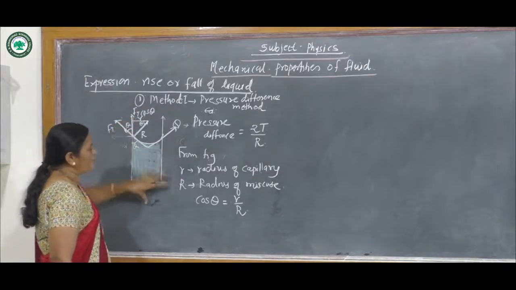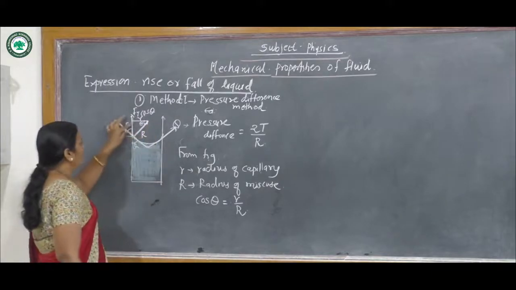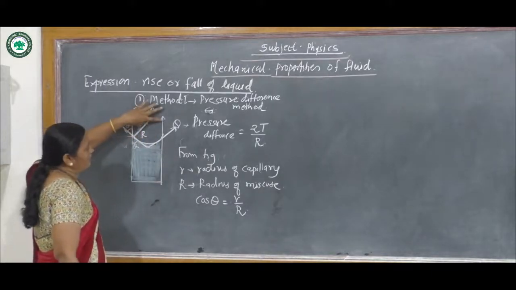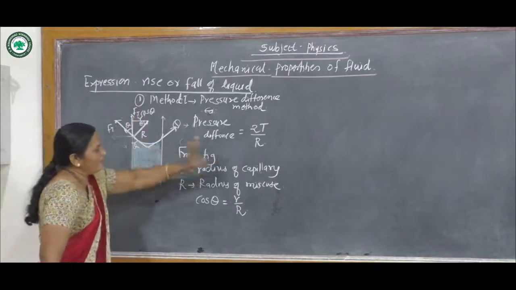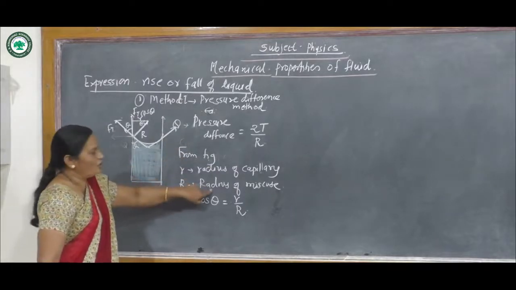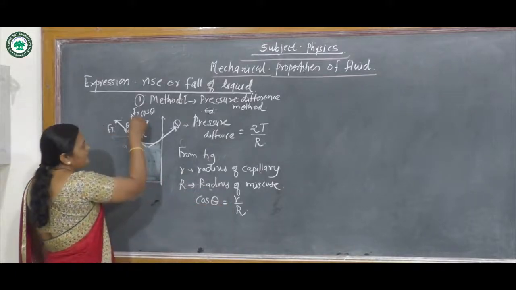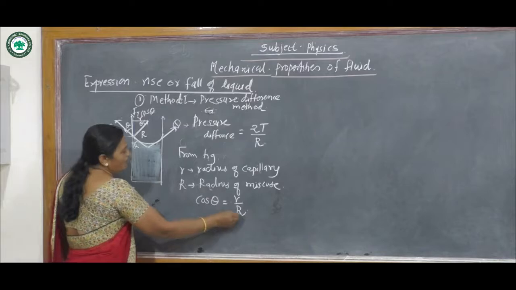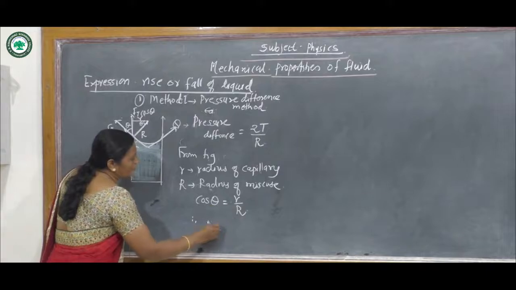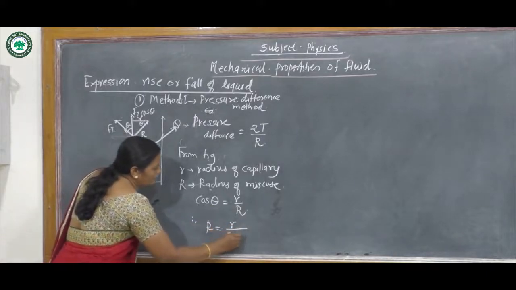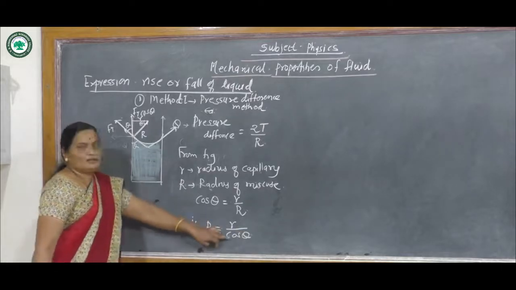Now, if the capillary is dipped in liquid, there is a concave meniscus for water or kerosene. Small r is the radius of the capillary and capital R is the radius of the meniscus. From the figure, cos theta is equal to the adjacent side r over the hypotenuse R. Therefore, we can write capital R is equal to r divided by cos theta, or r is equal to R cos theta.